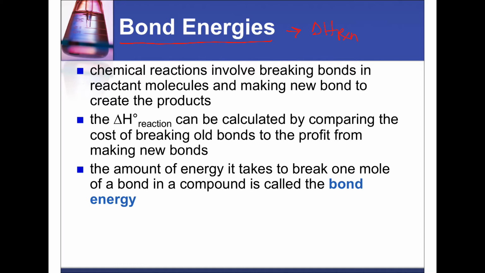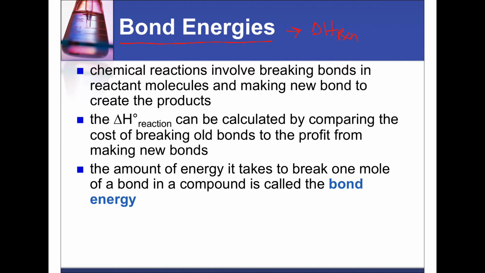I know you guys were tired, but we did do a lot of stuff with delta H's of a reaction, and we found that there were multiple methods for finding the delta H of a reaction. This is going to be our next one, and probably not the last way that we can calculate delta H of a reaction, but this is a pretty useful one when we start relating it to our Lewis dot structures, which is what we're going to do next.